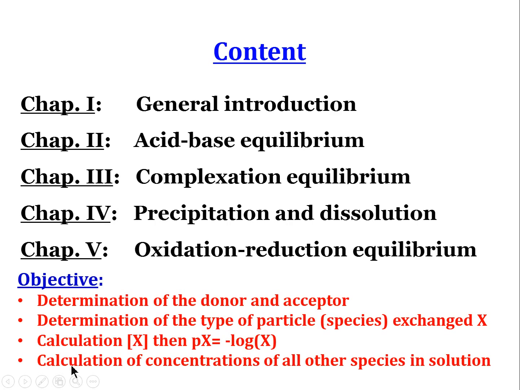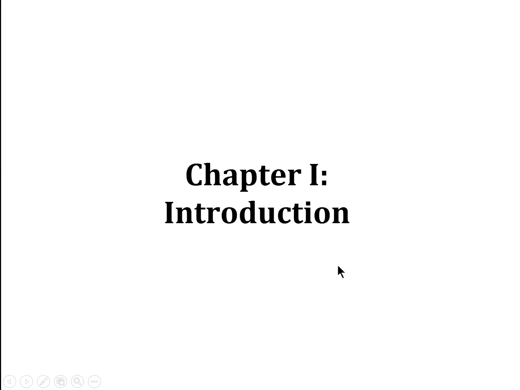And we have to calculate not only the concentration of the particle exchanged X, but the concentration of all other species present in the solution. These four objectives will be repeated in all chapters, in Chapter 3, Chapter 4, and the introduction.